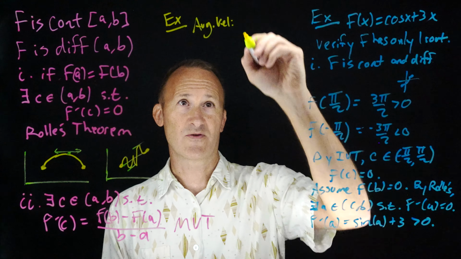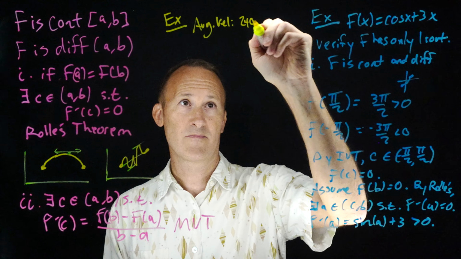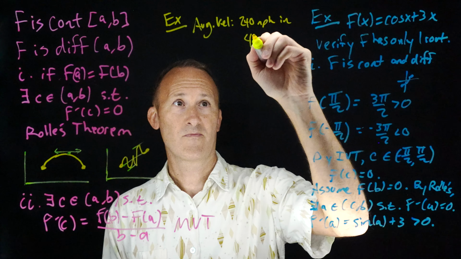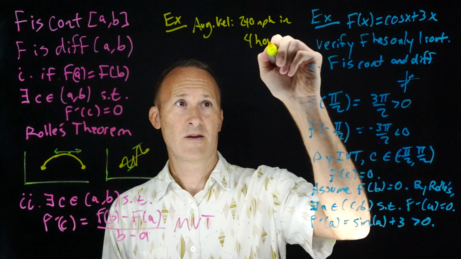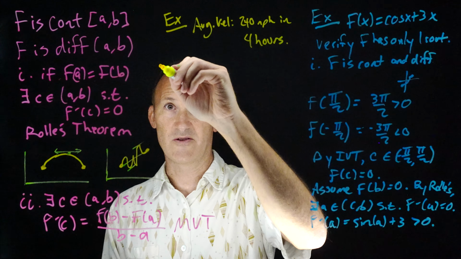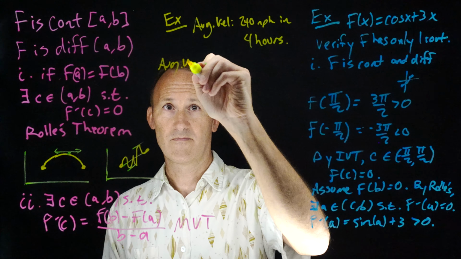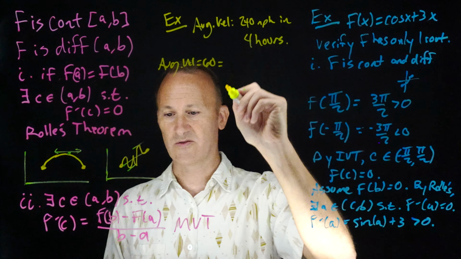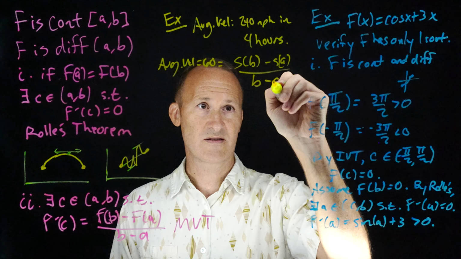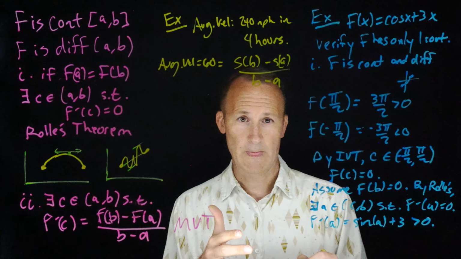They went 240 miles in 4 hours, and what that tells us is their average velocity would be 60, because you just divide. So let's write this up. Average velocity equals 60, which is s of b minus s of a over b minus a, at two different time points.